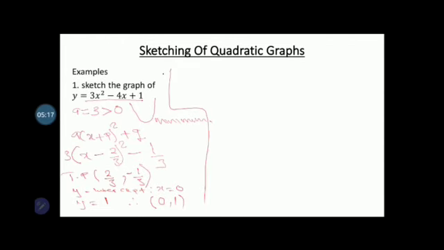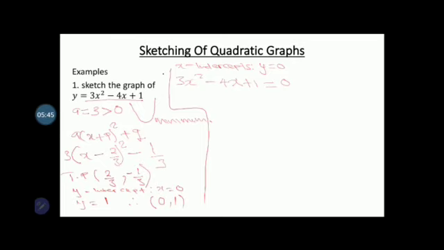Let's find our x-intercepts. So x-intercepts, y is the one which is equal to 0. By equating our equation to 0, we're going to have 3x squared minus 4x plus 1 is equal to 0. This is a quadratic equation, and you can use your product and sum or the quadratic formula.